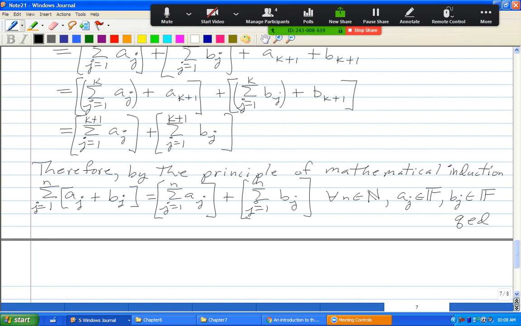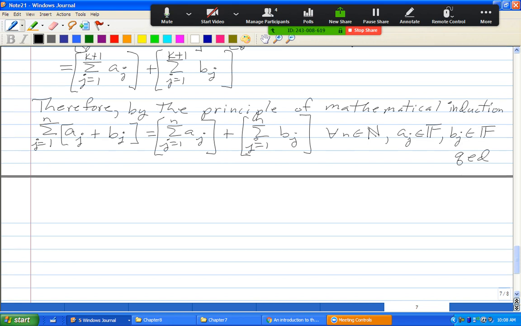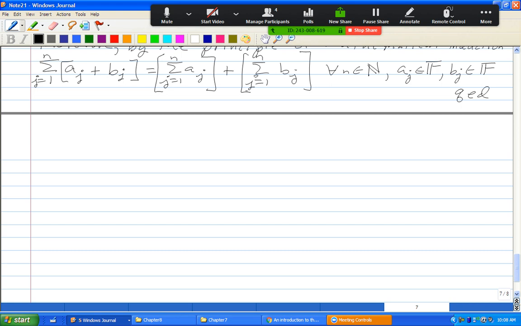Next, I'll do that. So let me list these properties, some of which we've already shown.